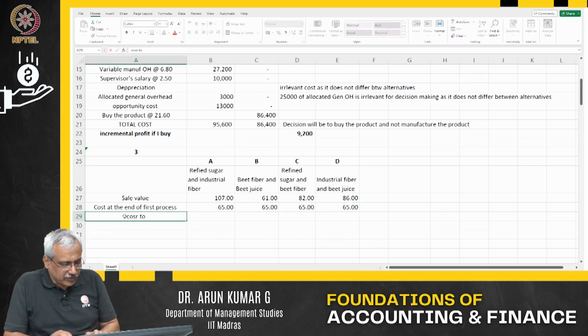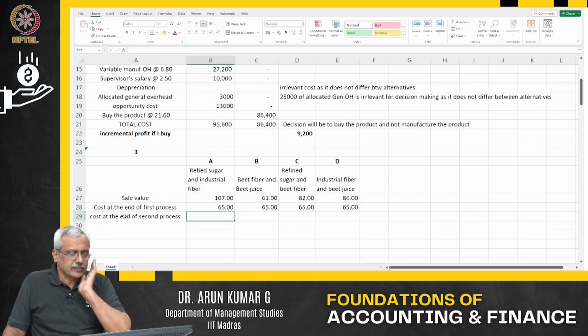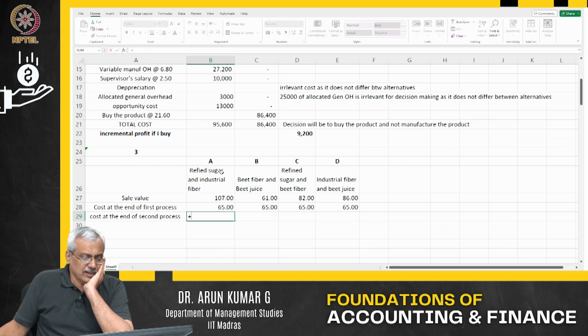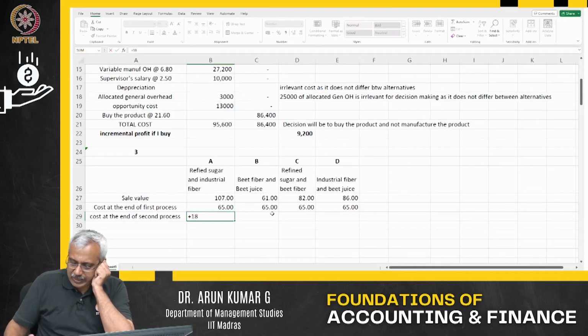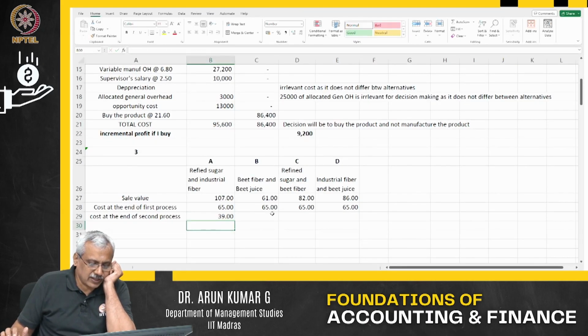Cost at the end of the second process. What is the second process? Refined sugar, industrial fiber. Industrial fiber processing, second process, is $18. Refined sugar is $21. So it is going to be 18 plus $21 in this particular case.